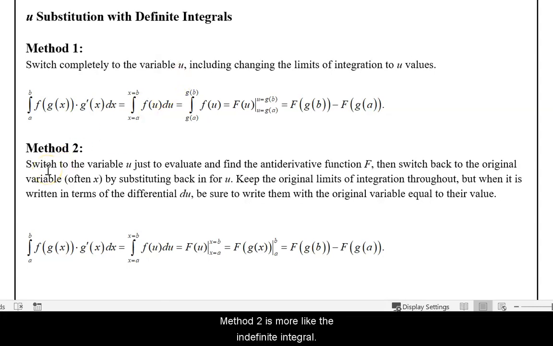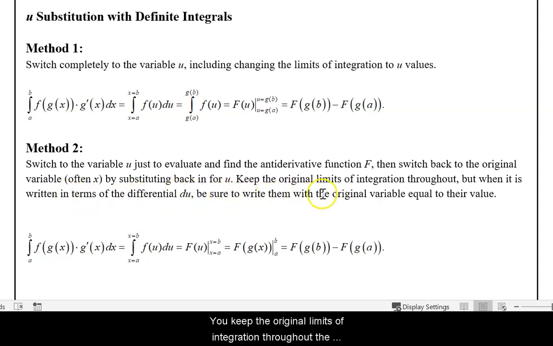Method 2 is more like the indefinite integral. You switch to the variable u just so that you can evaluate and find the antiderivative function. Then you switch back to the original variable, which is often x, by substituting back for u.